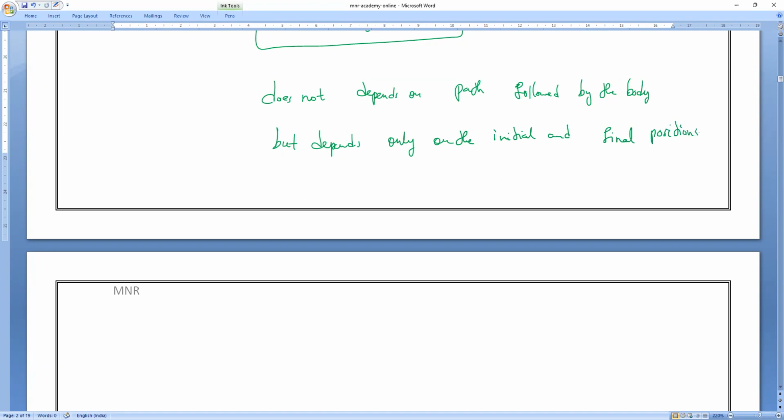I hope you all are clear, everybody. It will only depend on initial and final positions. Clear, everyone? So irrespective of the path by which it has reached there, it will only depend on the initial height and final height. That is what you have to remember. Okay, guys?